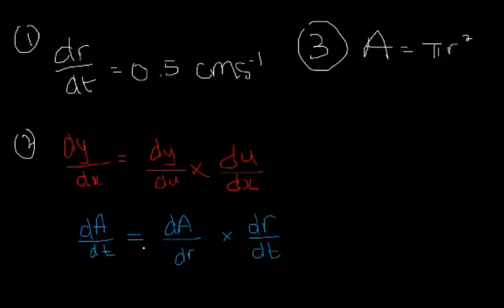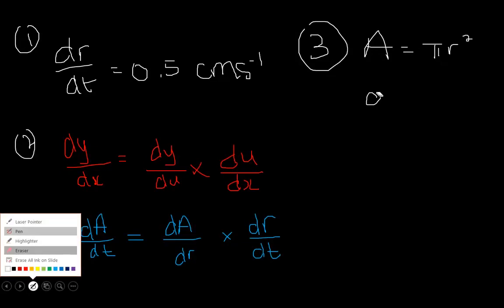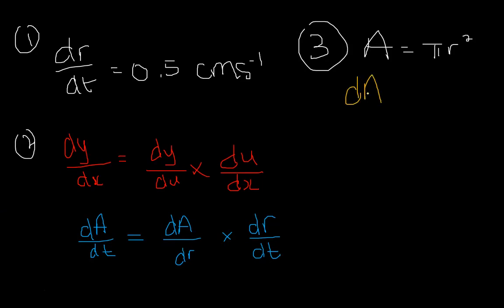So dA/dr, let me use a different color, that white is just too much. The only variable I am allowed to manipulate is this r. I am not touching that pi. You bring the 2 across here, so it becomes 2 pi r, and then we subtract 1 from the power, so 2 minus 1 is 1. It's understood that the 1 is there, so I could just leave 2 pi r.